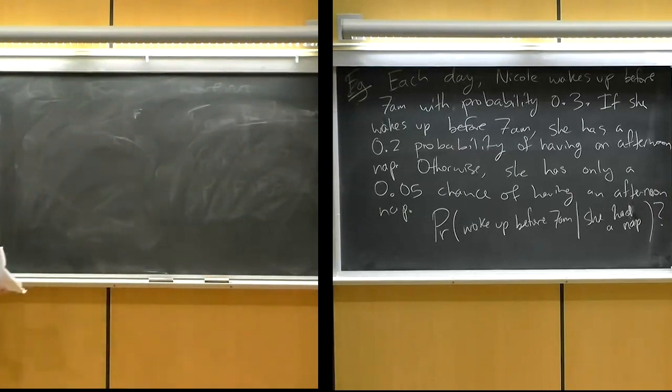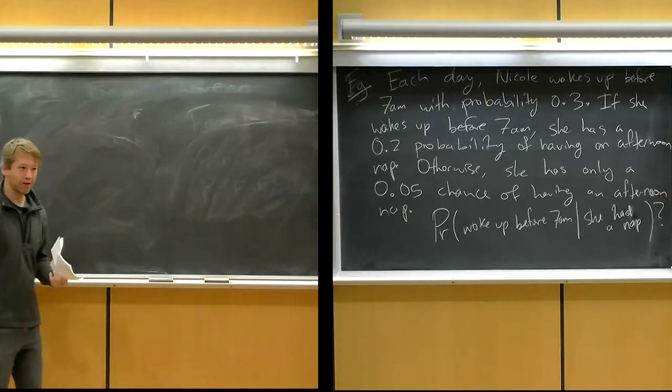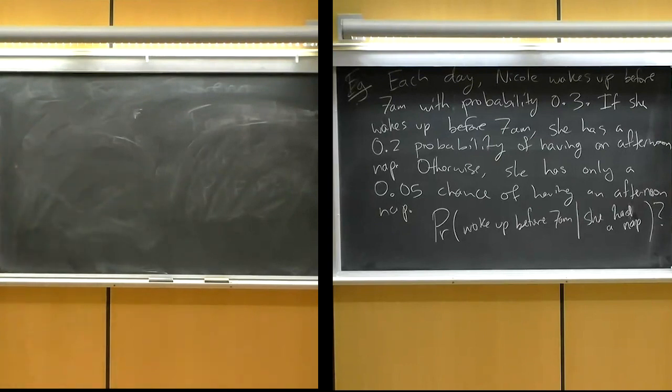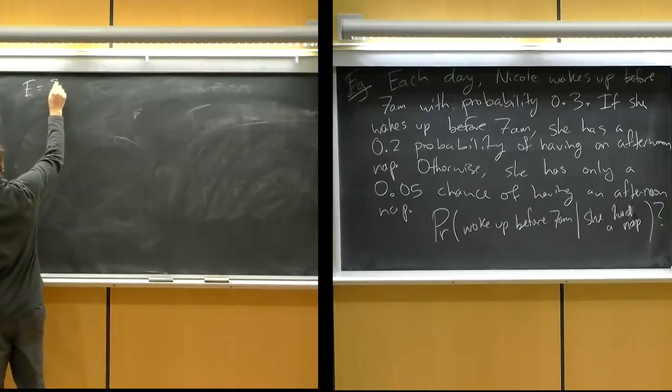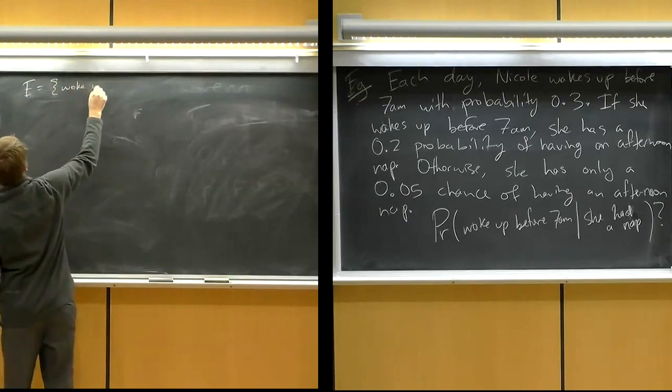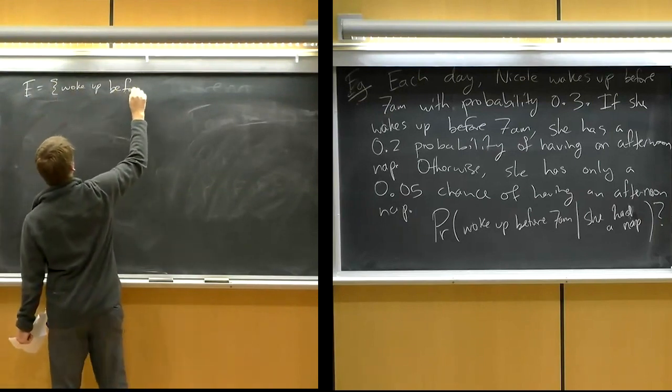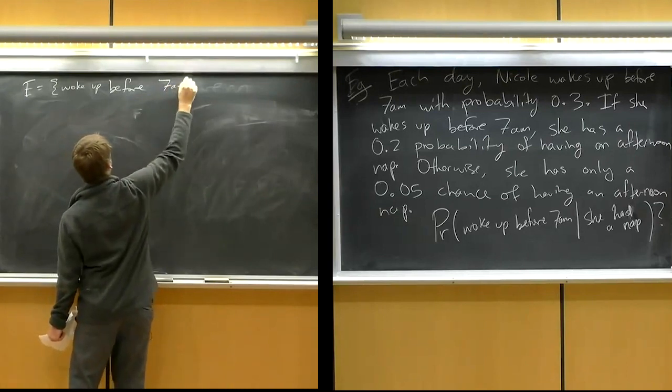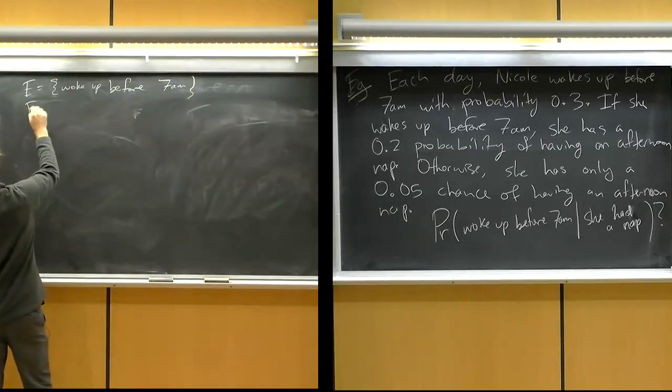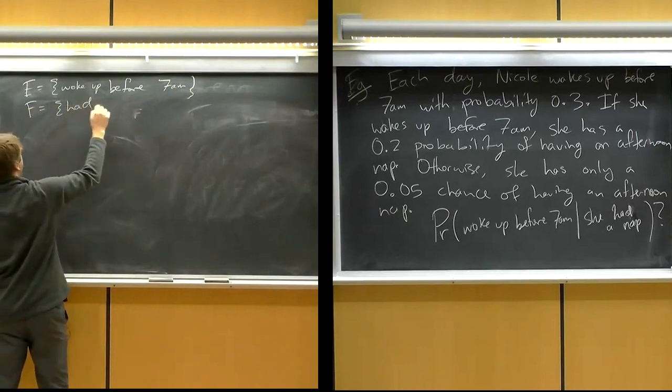If it's helpful to you, you could start by drawing a tree diagram. We don't really need to, because we can just read off the numbers from the example and plug them into the formula. So let's say that E is the event woke up before 7, and F is the event had a nap.